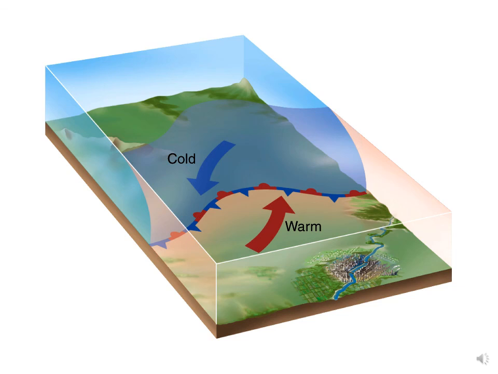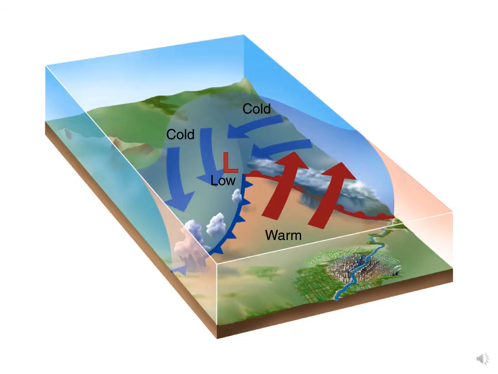And as it starts to rotate, the warm sector will start to move northward, and the cold sector will start to move southward. And you continue that divergence aloft, which creates the low pressure at the surface, and then you have well-defined fronts now. The stationary front has turned into a moving cold front to the south and a moving warm front to the north.